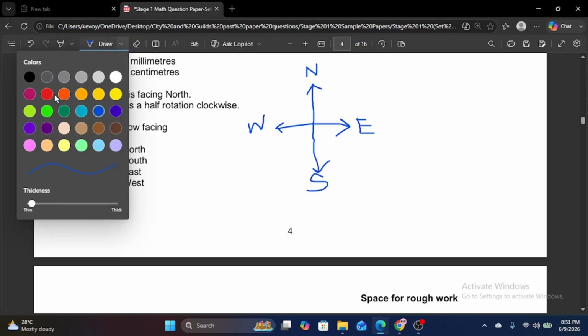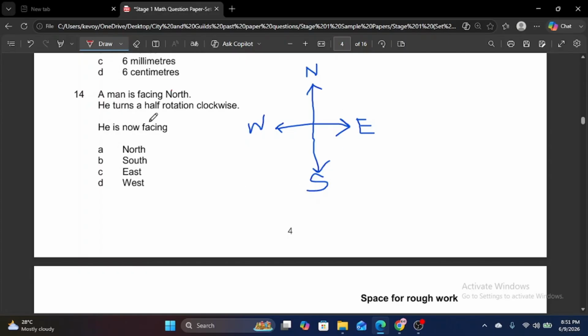If a full clockwise rotation would be a full circle, then for a half rotation you start right here, because he's facing north. Since it's a half rotation, I get half of a circle. So we start at north, go all the way around, and stop right here at south.